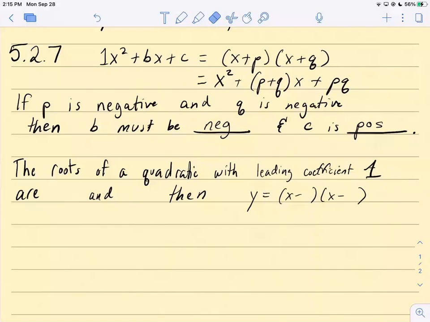So it's very similar to what we just discussed, but if you're given the roots p and q, and remember, the word roots means when the quadratic is equal to 0. So this is the solution. This is a fancy word for roots. It just means 0 or solution.